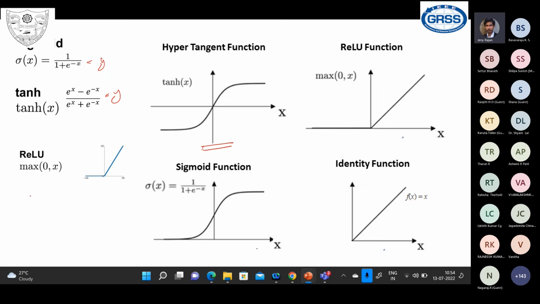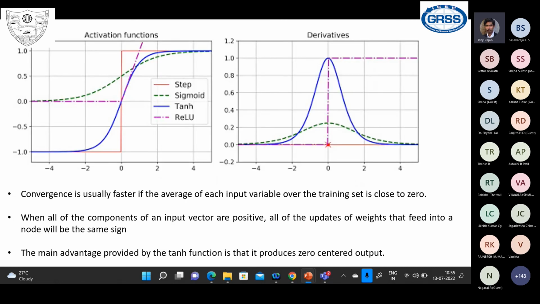The other commonly used activation function is ReLU. So this is how the ReLU is defined. y is equal to max of 0, x. So if x is greater than 0, the output will be x itself, right? If you look at ReLU, you can see that ReLU is not zero-centered, but the derivative of ReLU is much higher than the derivative of sigmoid and TANH. So here you can see the comparison of the derivatives of different activation functions.